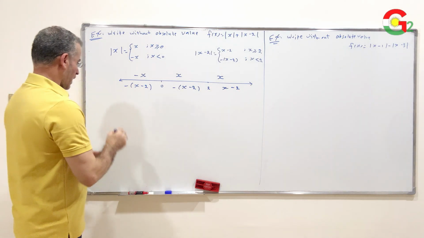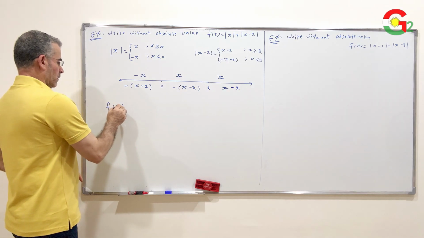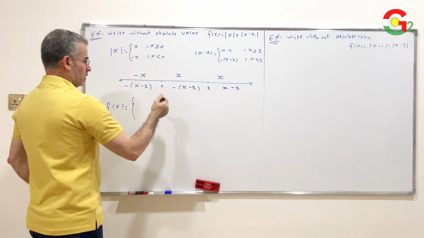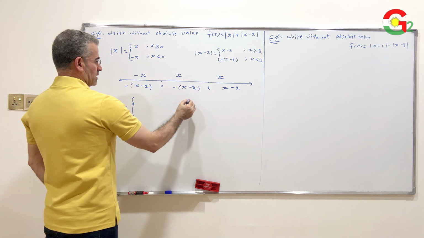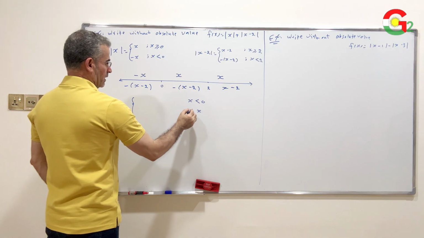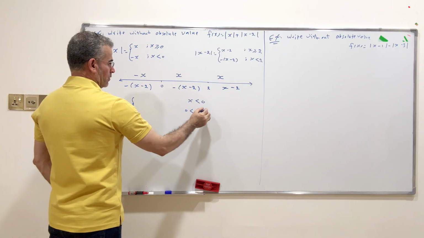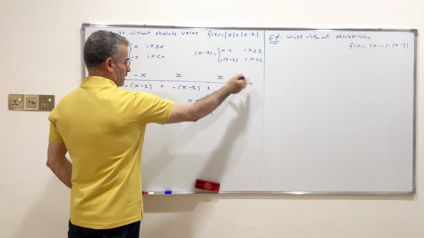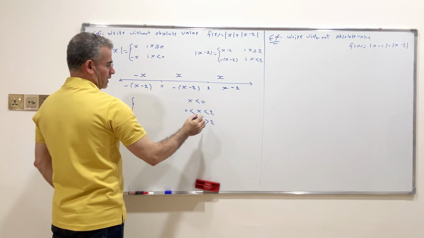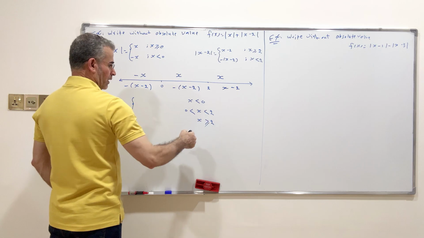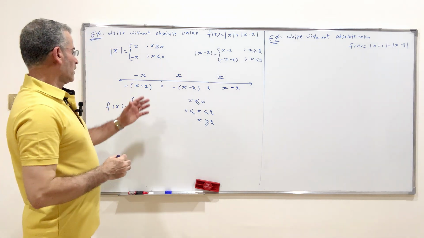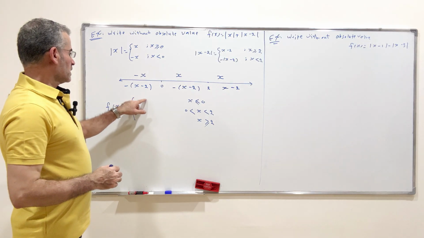Now, I have a piecewise function divided into 3 rows. When x is less than 0, x greater than 0 and less than 2, and x greater than 2. I can write greater than or equal here and less than or equal here. Now, what is the function here?